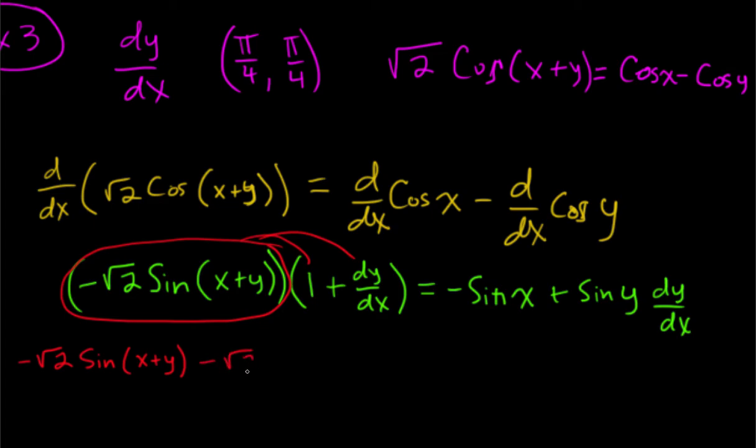We get negative square root of 2 sine of x plus y, dy dx. And then the other side of the equation is the same.